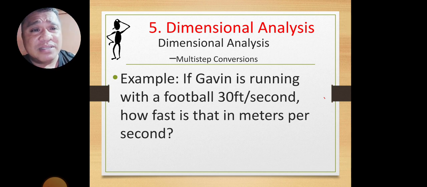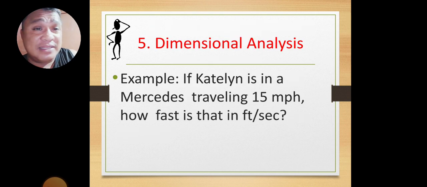Numerator 30 feet per second, and the conversion factor to meters per second depends on you. Last example, if Caitlin is in a Mercedes traveling 15 miles per hour, how fast is that in feet per second? You have to use the conversion factor leading to that desired unit in terms of feet and seconds.